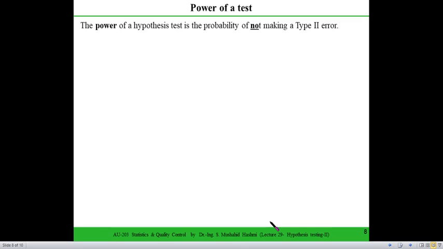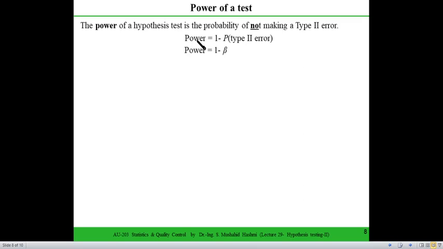As you know, the probability of making a type 2 error we represent by the Greek letter beta. So power is nothing but not making the type 2 error, which means 1 minus the probability of making the type 2 error. That is actually called the power of a hypothesis test.